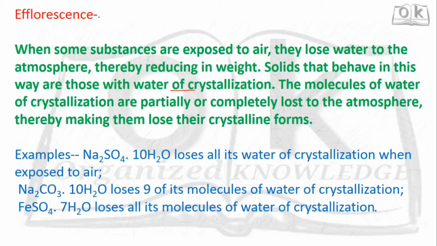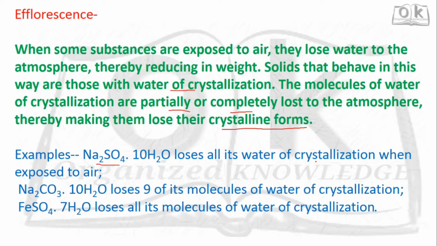एंड द मॉलिक्यूल ऑफ वाटर ऑफ क्रिस्टलाइजेशन आर partially or completely lost to the atmosphere, and so thereby making them lose their crystalline form. यानी उनकी जो ज्योमेट्री है crystalline form है that gets lost after losing the water molecules into the atmosphere. Let's take an example like sodium sulfate decahydrate. It will lose all its water of crystallization when exposed to air.